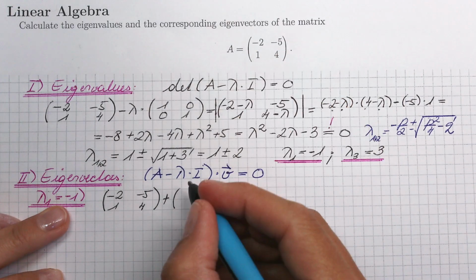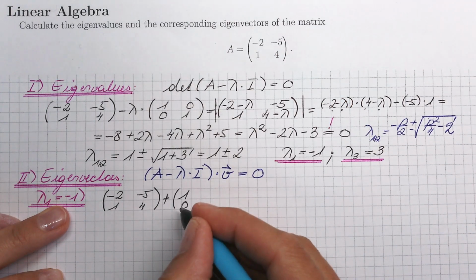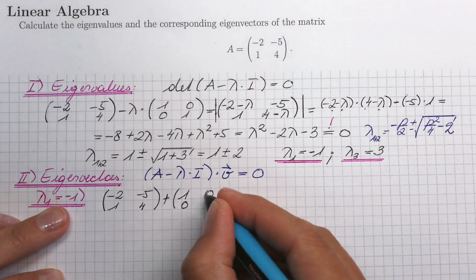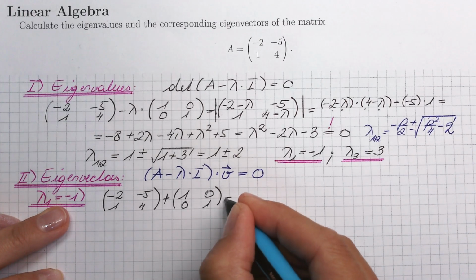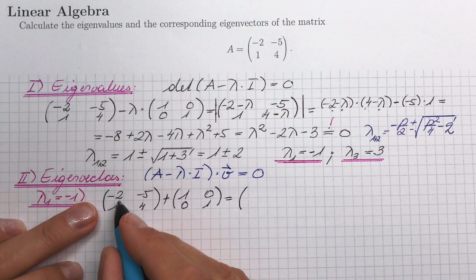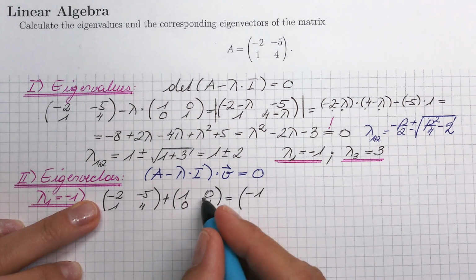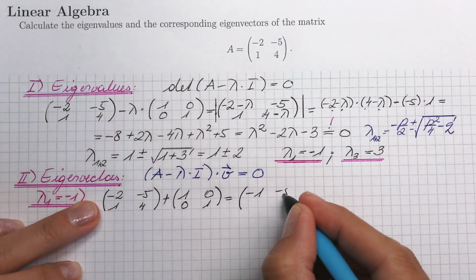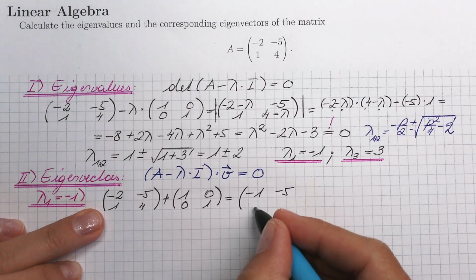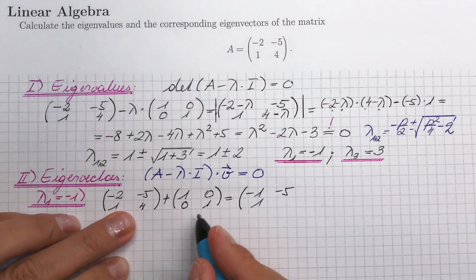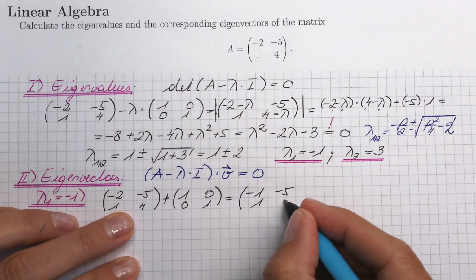And the identity matrix is 1, 0, 0, 1. Now we just add it all up. Minus 1 plus 1 is minus 1, minus 5 plus 0 is minus 5, 1 plus 0 equals 1, and 4 plus 1 equals 5.